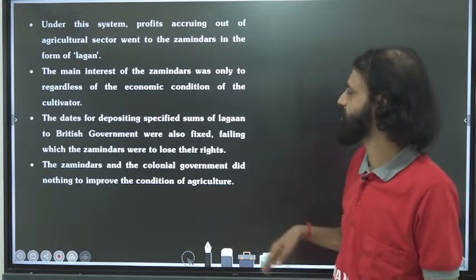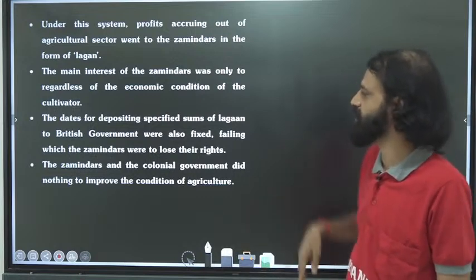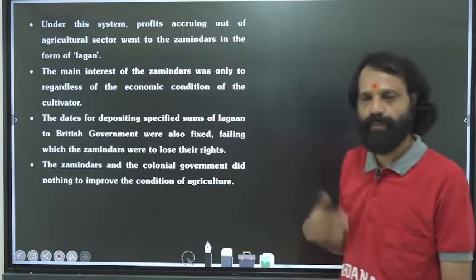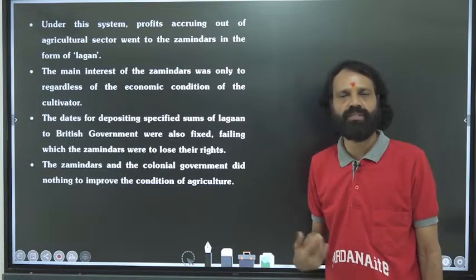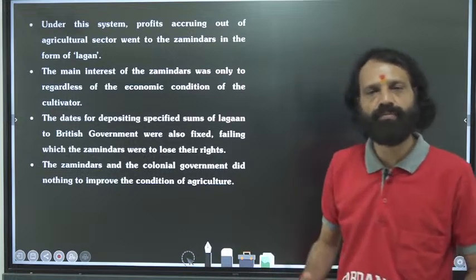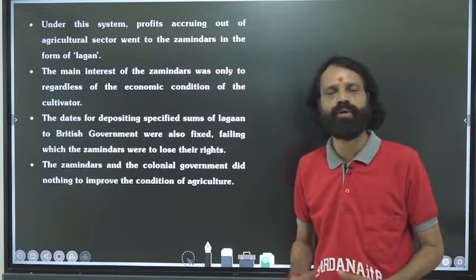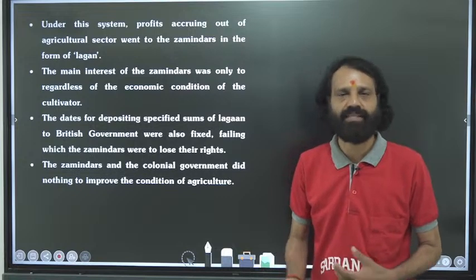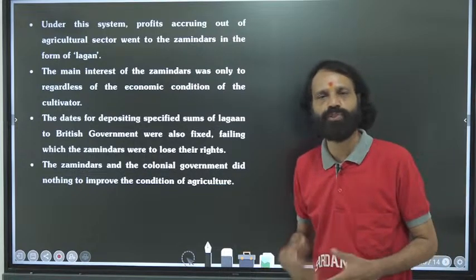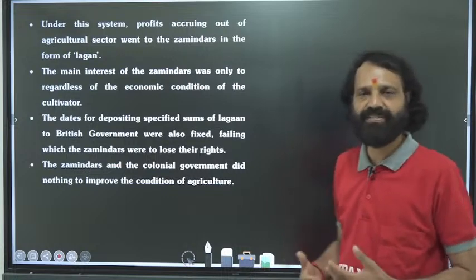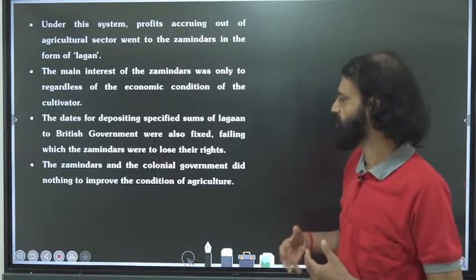The British would appoint another zamindar, so the existing zamindars forced the farmers to pay more and more taxes in time, within a particular date. That also made the farmers suffer more. They could not perform very well.